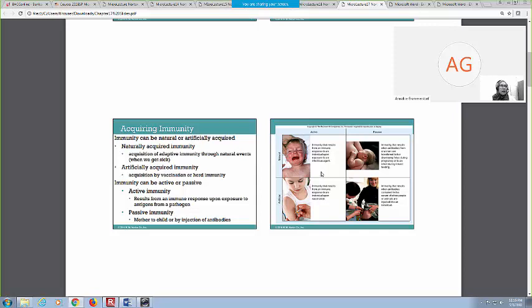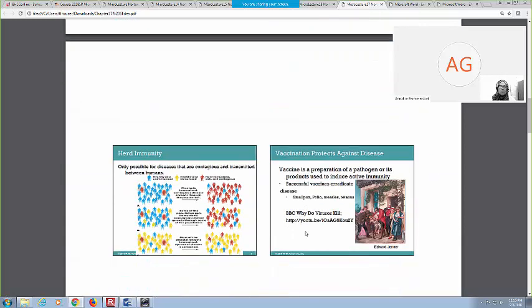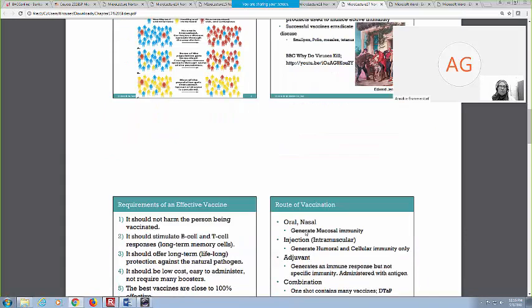So you can either get sick and get the symptoms, and then you have memory cells, memory B cells or memory T cells, depending on the pathogen, or both, that help to provide lifelong immunity. Or you can get a vaccine, and that's the idea with vaccinations, is that you get the immunity without getting the symptoms. So let's look at the difference between the forms of vaccines.